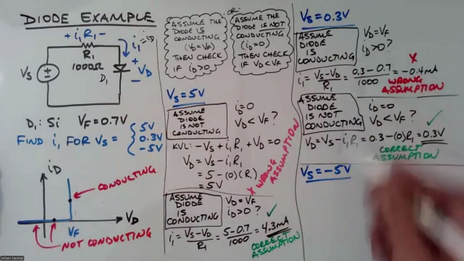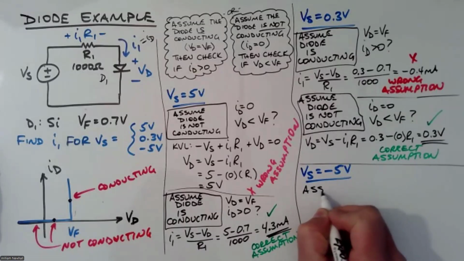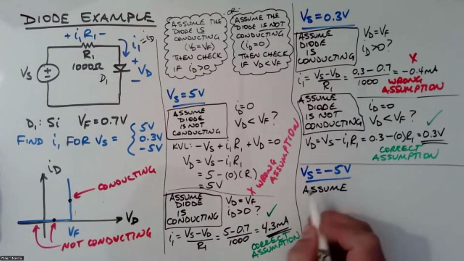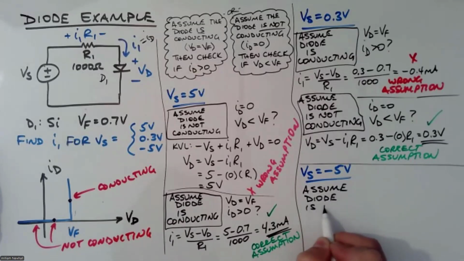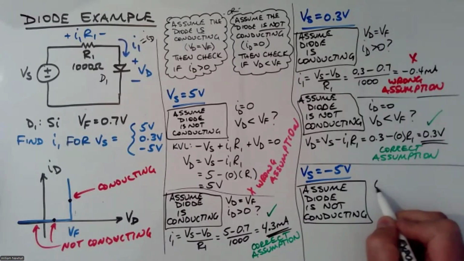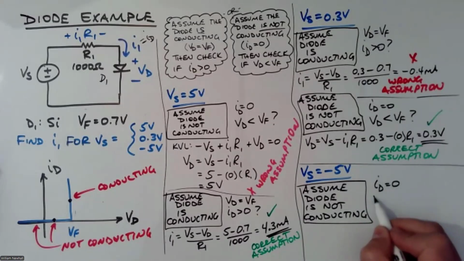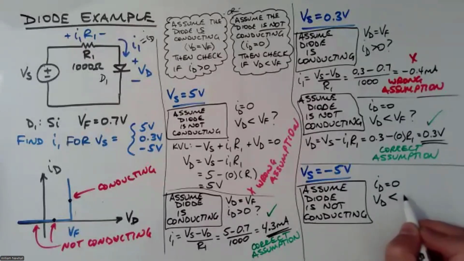Since we've made wrong assumptions, let's try to make the right assumption here. Assume the diode is not conducting. So if the diode is not conducting, ID equals 0, and we check, is VD less than VF?